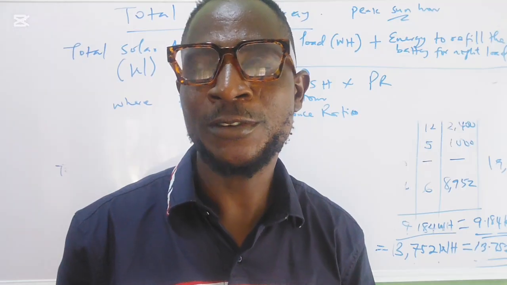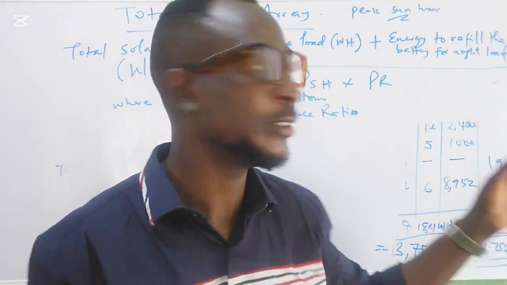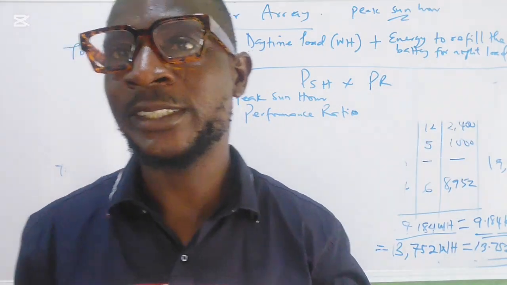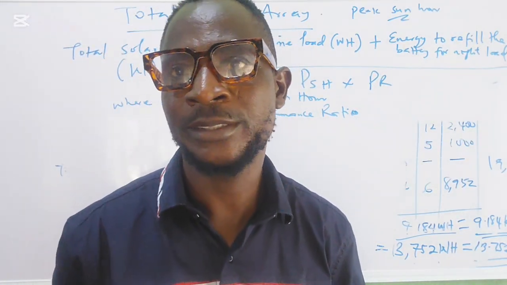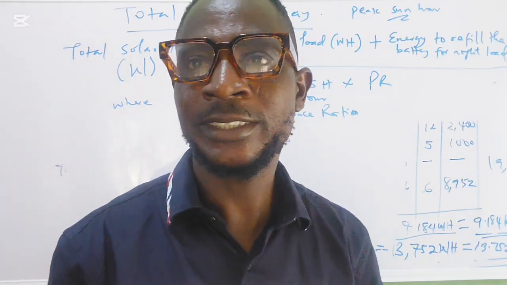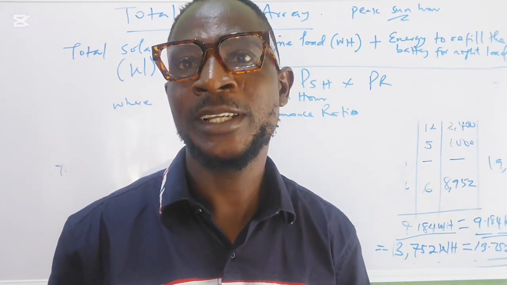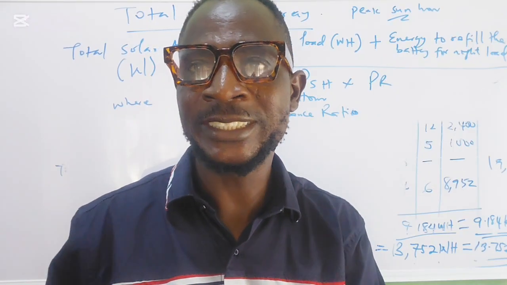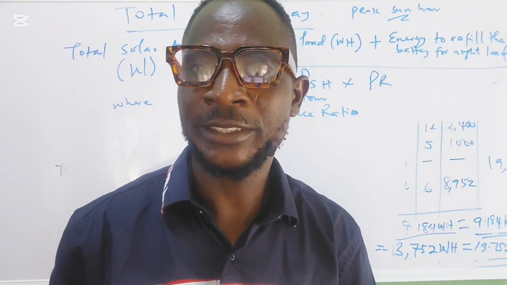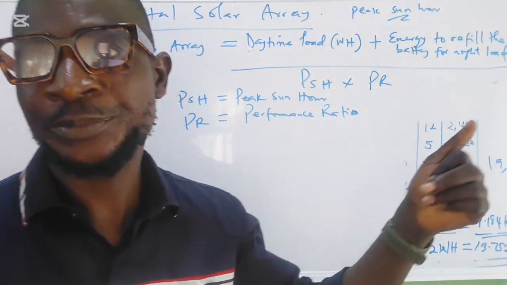In one of our videos we talked about the differences between performance ratio and the efficiency of your solar panel. We said the efficiency is a laboratory-based metric used to determine the performance of your solar panel, while the performance ratio is a real-world metric. So that's why we are bringing the performance ratio here.